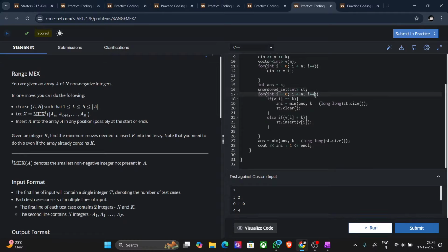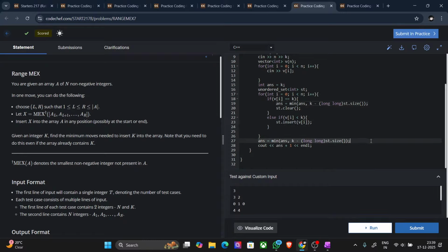Then I iterate over the array. At every point when I encounter k, I take my answer as the minimum of answer and k minus set size, and I clear out my set. Else I just add the element to my set if it is less than k.